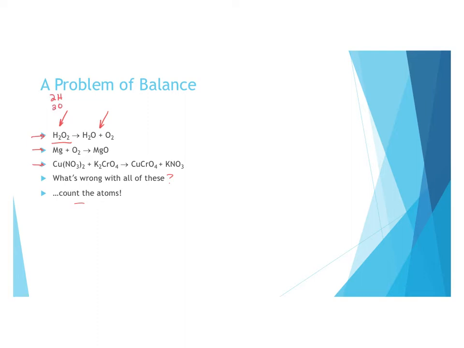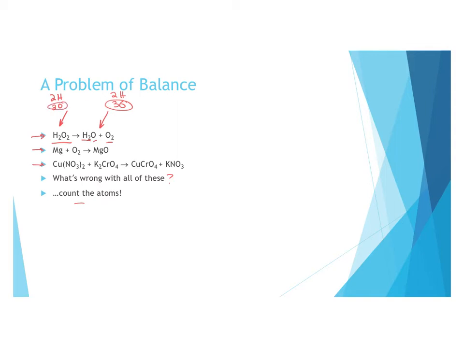After, I have 2 hydrogen atoms, 1 oxygen atom, but 2 more over here, so 3 oxygen atoms altogether. So the question someone might have is, when this reaction happened, where did this extra oxygen come from? We had 2 and now we have 3.